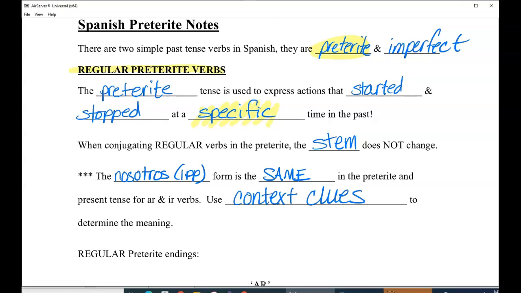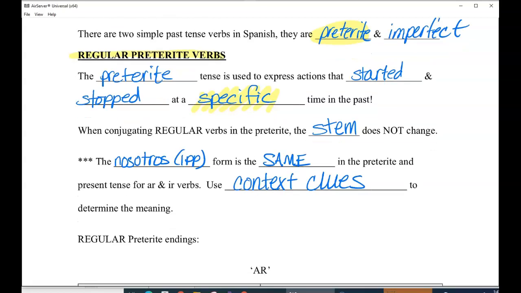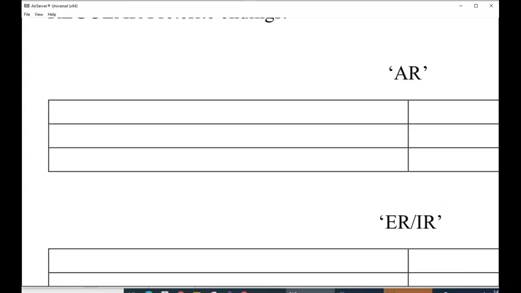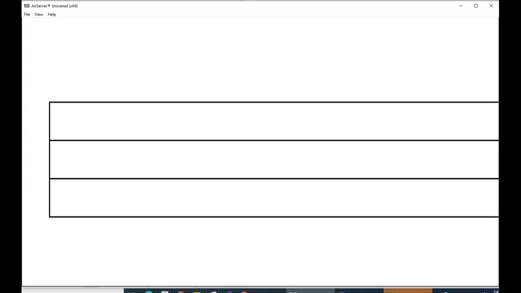The first thing we need to know is what our regular preterite endings are. We have our regular preterite endings divided into AR verbs and then ER and IR verbs. Our AR endings are as follows. The letter E with an accent mark on it, pronounced A. Aste.